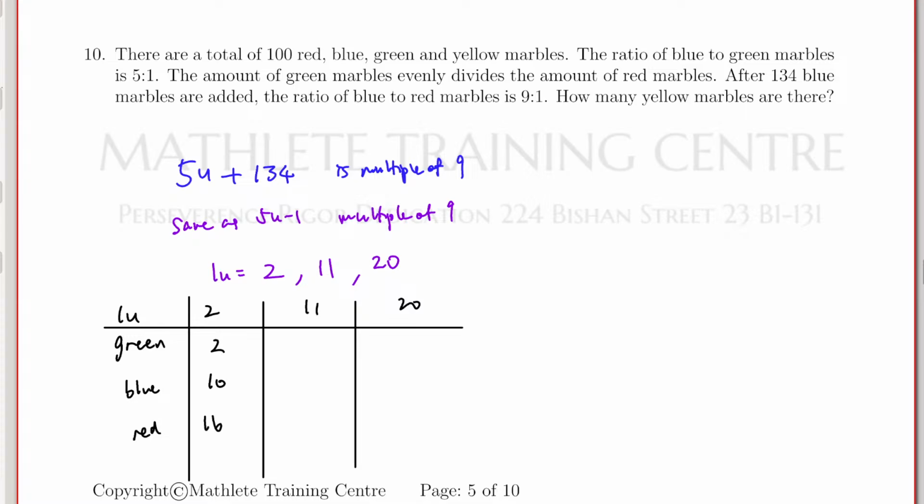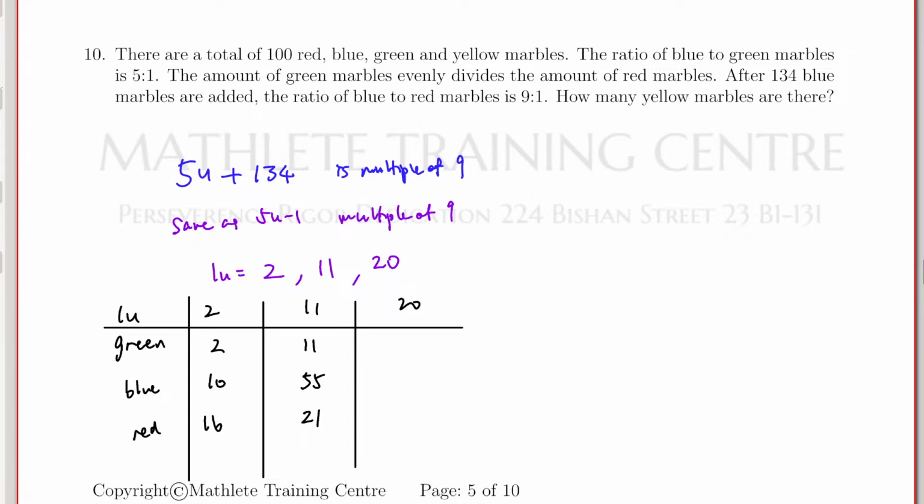Now if you try green to be 11, blue will be 5 times 11, that's 55. And red will be 55 plus 134, which is 189, divided by 9. So that's equal to 21. So suddenly you can see, in this case, green is no longer a factor of red, right?